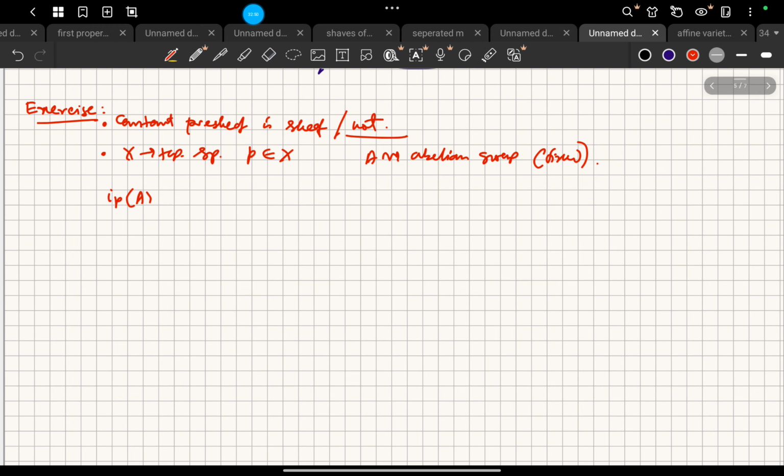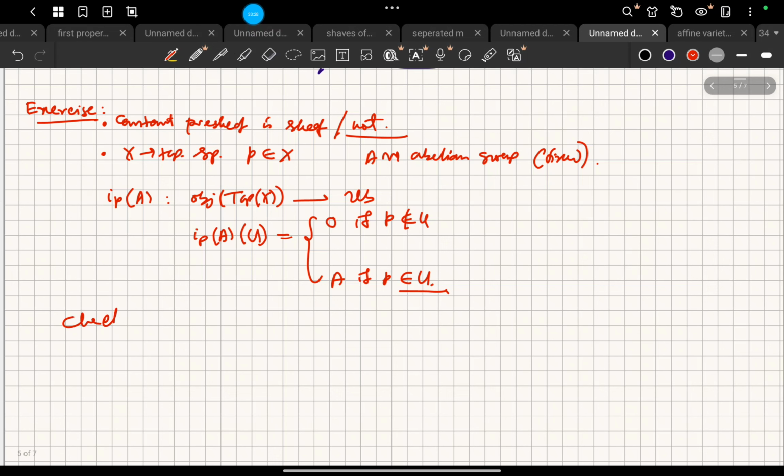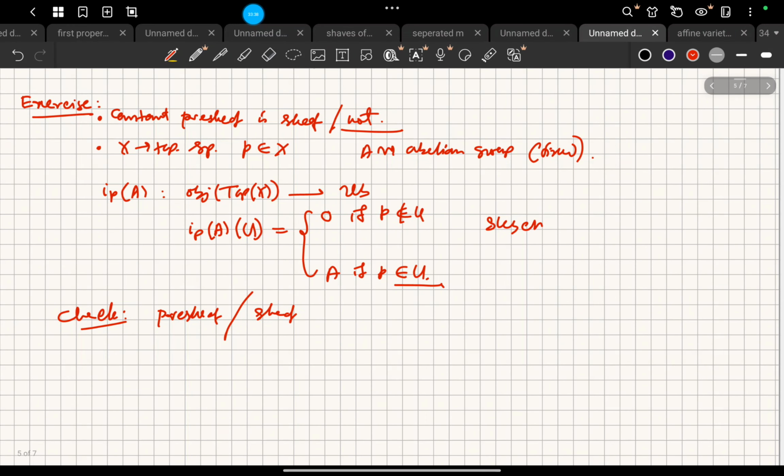We define i_p A as a mapping from the open sets U of the topological space to abelian groups, such that i_p A of U is 0 if p does not belong to U, and A if p belongs to U. So check whether it is a presheaf or a sheaf. For your information, this is called a skyscraper sheaf.